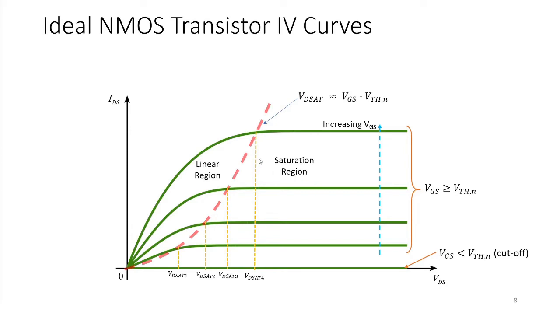On the right side of this boundary, where VDS is greater than VDSAT, we expect that the transistor operates in the saturation region. From the equations earlier, the value of the drain current, or IDS, is approximately constant, shown here.